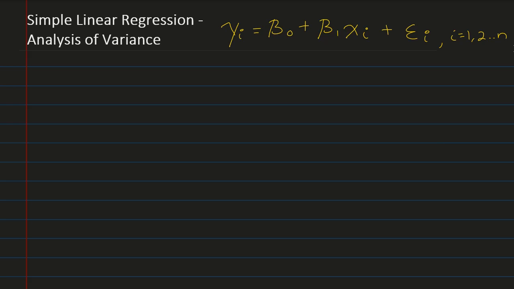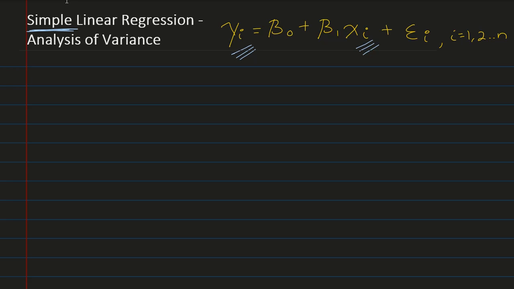Okay, and in this analysis of variance, this is a hypothesis test that we're talking about. And what are we testing? We're testing whether or not there is a significant linear relationship between yi and xi. And remember, in the simple linear regression model, there's only one xi. There's only one regressor variable, and there's only one response variable.